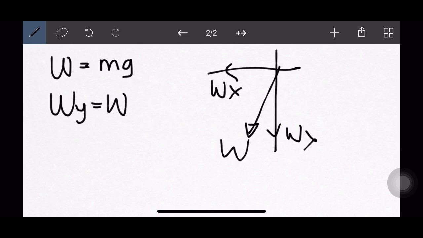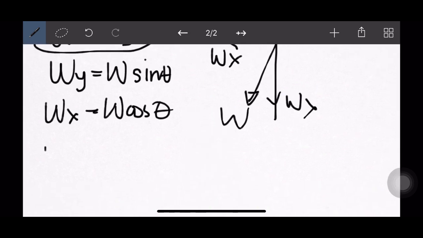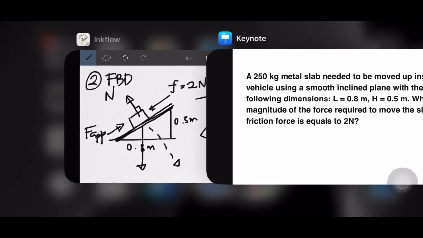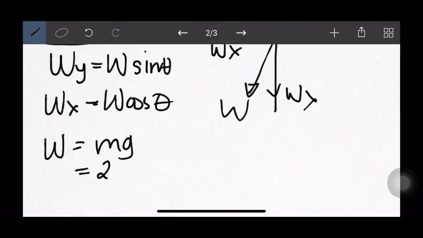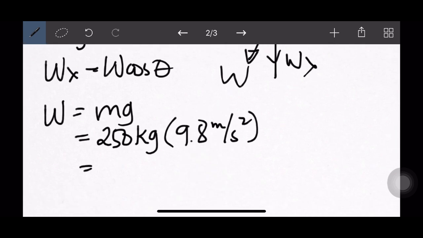Wy is equal to w sine theta, and in the x component, w cosine theta. We can solve for the w, or the weight. So we have mg, the mass of the object, 250 kilograms, multiplied by 9.8 meters per second squared. So we have the value of the weight, which is 2,450 Newton.